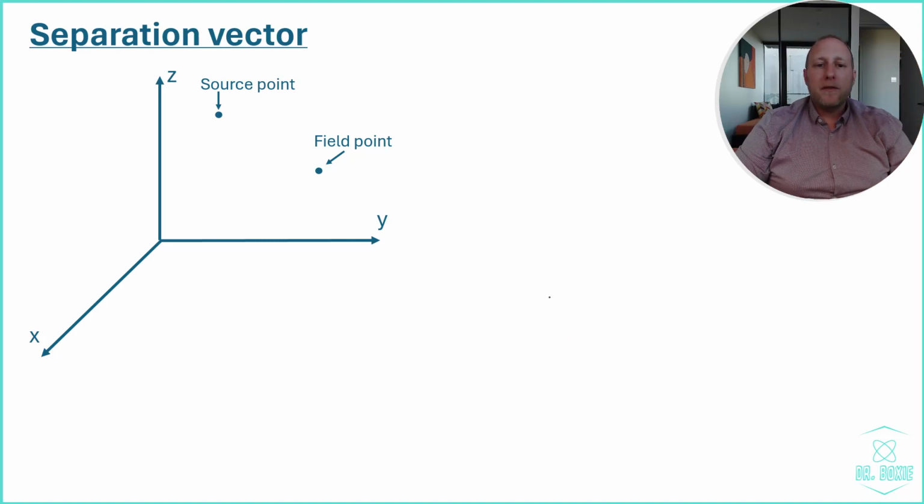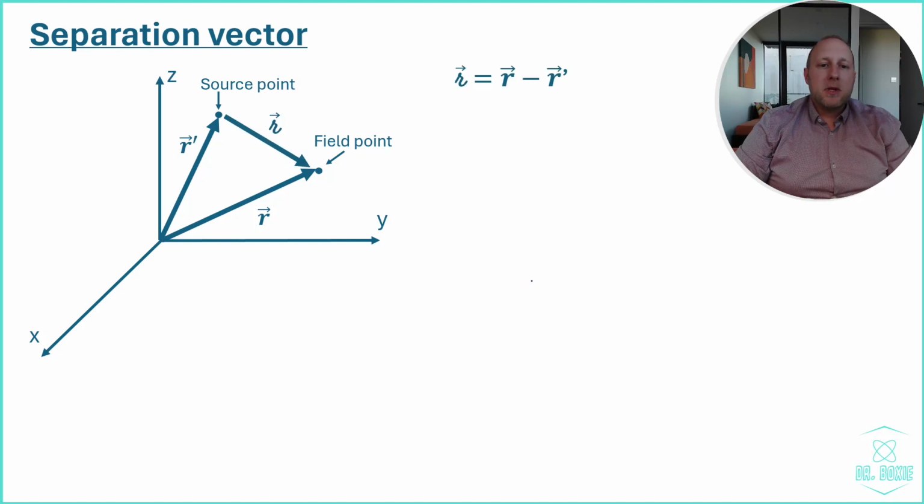Now, what we will often need is a vector that goes from the source to the field point. To do that, we first say that the field point is at a position r, so the vector pointing from the origin to the position of the field we are interested in will be denoted by r, while the source, the charge that causes the field, will be at a position known as r prime.